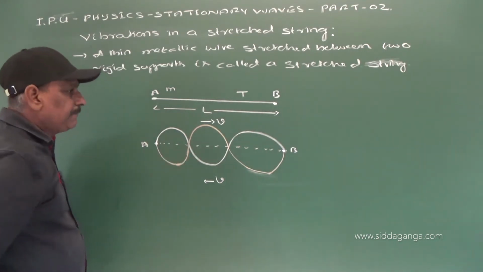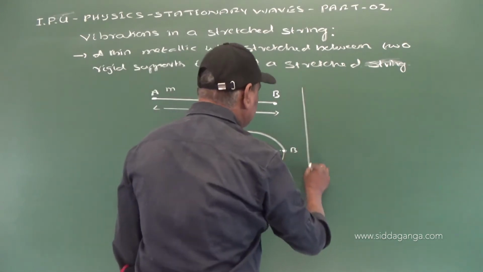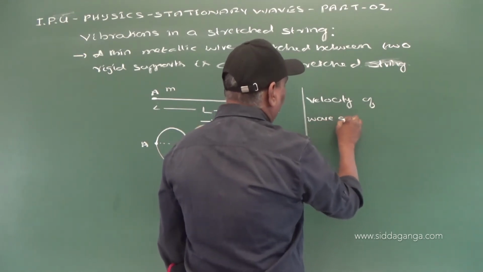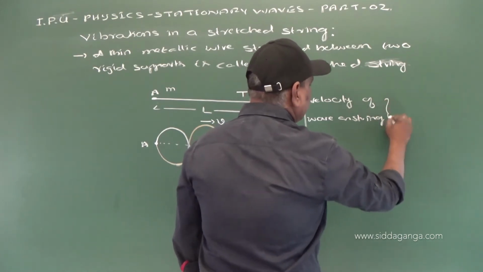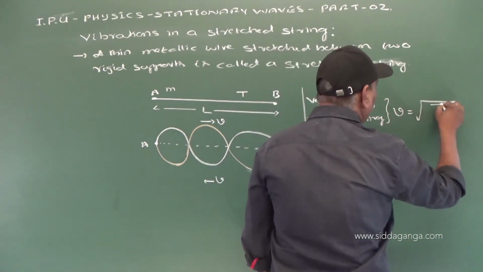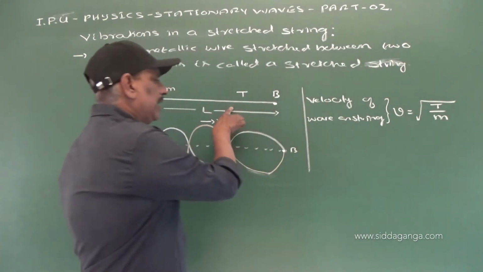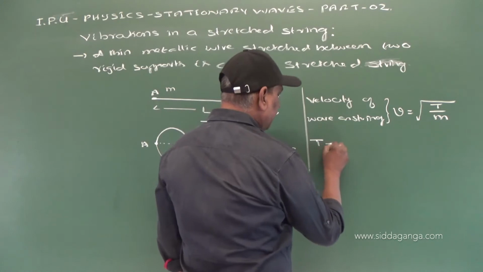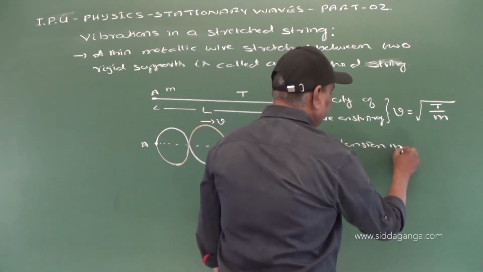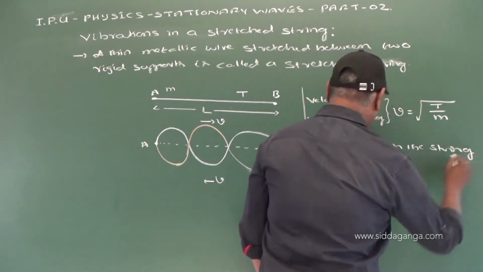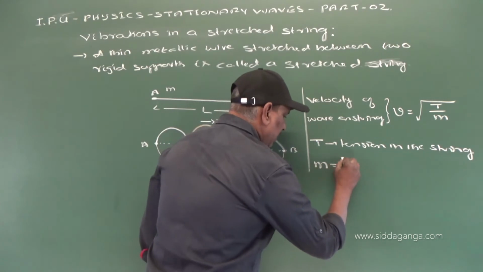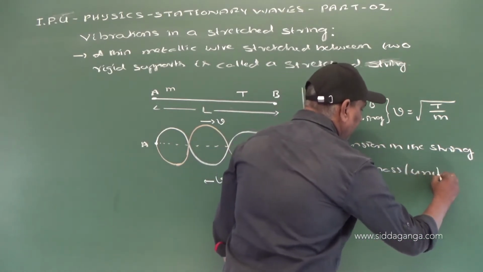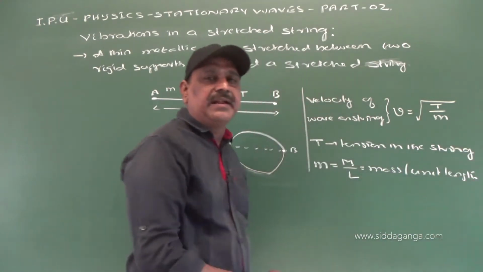Now the velocity of wave on string is given by v is equal to square root of T by m, where T is the tension in the string and m is equal to M by L, called mass per unit length of string or linear density.